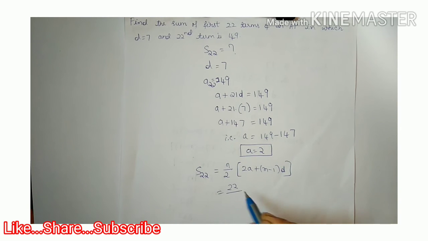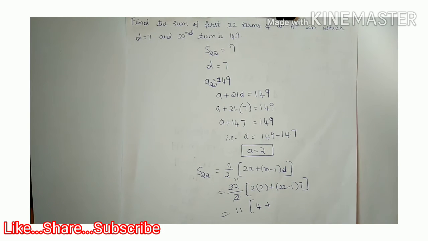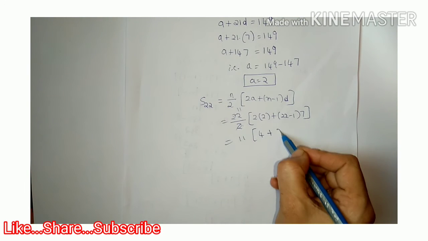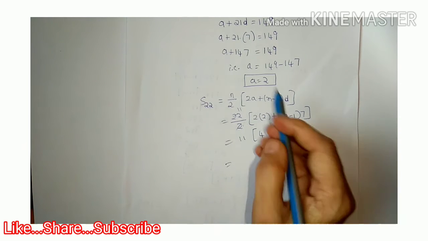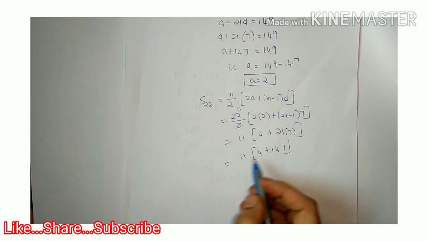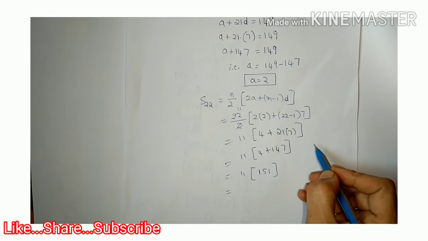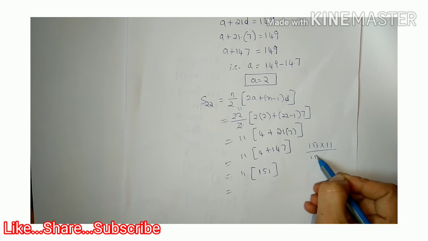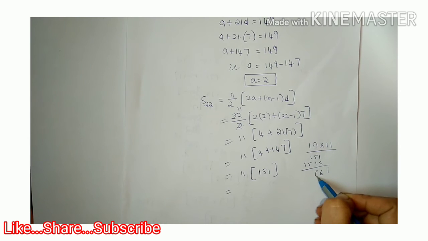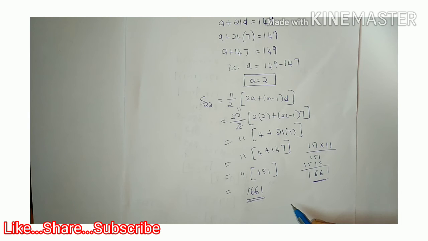Here n is 22, number of terms 22, a is 2, plus 22 minus 1, d is 7. 11 twos are 22, 22 plus 4 is... 22 minus 1 is 21, 21 into 7 is 147. 147 plus 4, 151. 151 into 11, 1661. Sum of first 22 terms is 1661.